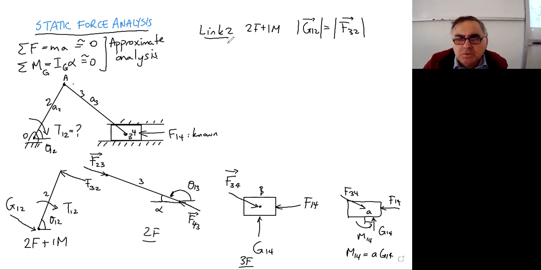Now the torque P12 has to be equal to the perpendicular distance, whatever that perpendicular distance is. We will find it out. Okay, it will be something like this. This almost looks perpendicular, but it doesn't have to be.